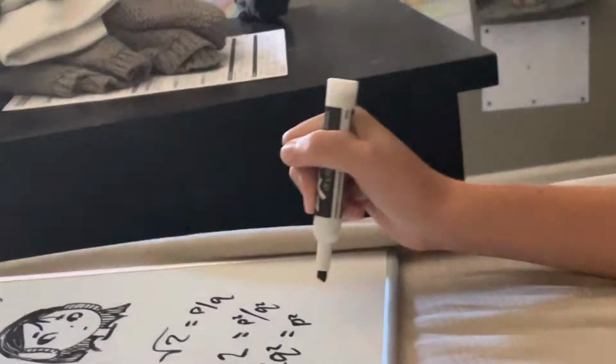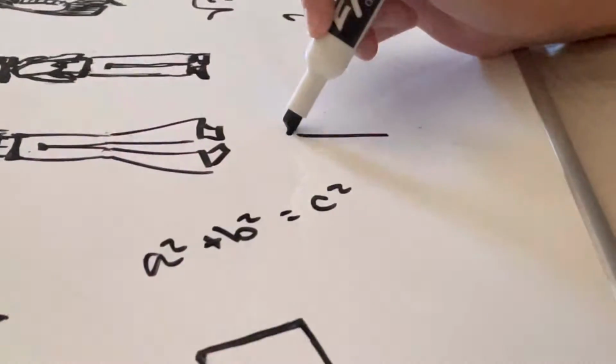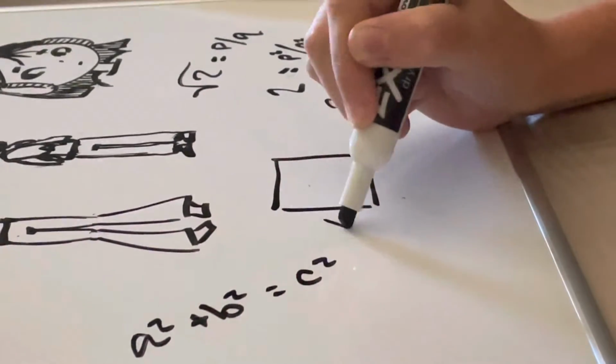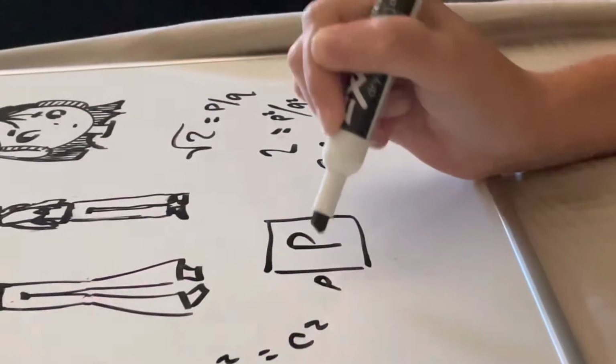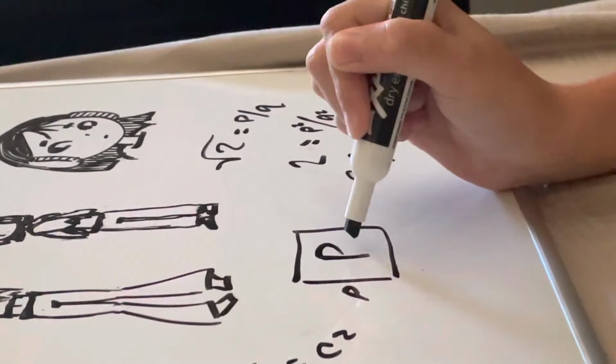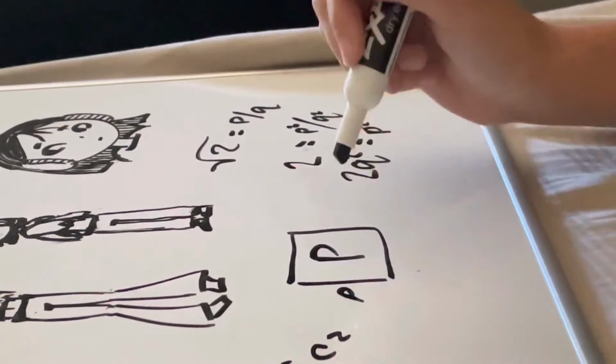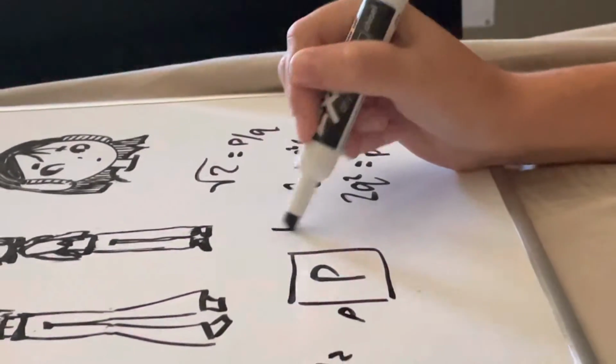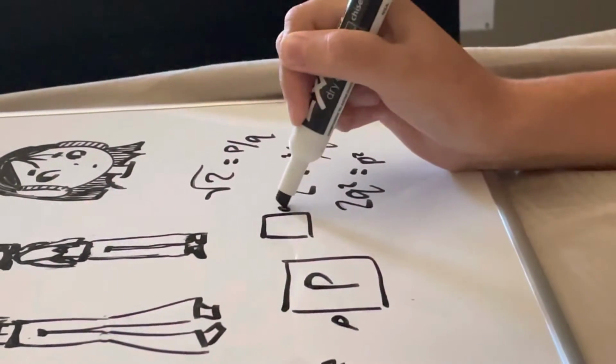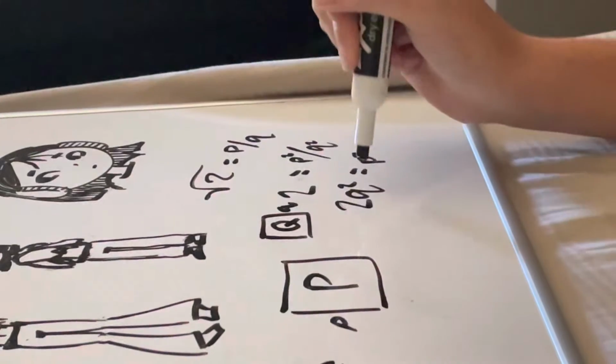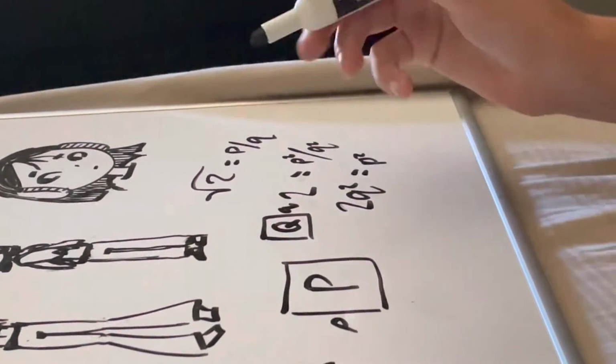And since P squared is even, that means that P must be even. So if you have P, this has an even number of units, and Q is half of that.